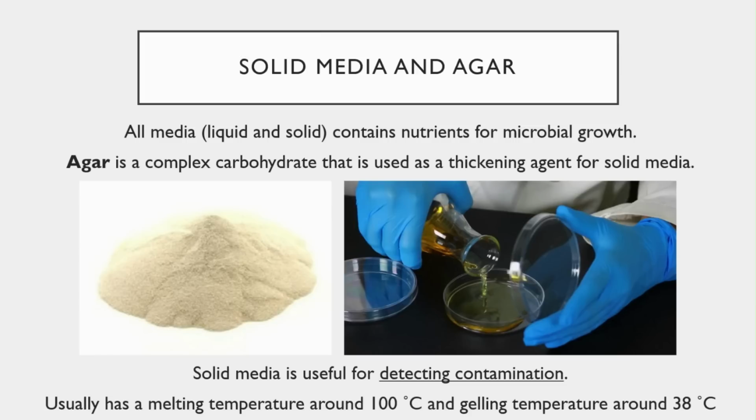So it would have to be reheated back up to 100 degrees Celsius. So it has to be quite warm quite a ways up before it turns into a liquid again. And this allows scientists to grow microbes at a variety of different temperatures on a solid medium without worrying about the solid turning into a liquid again, or the microbes eating the solid and degrading it.